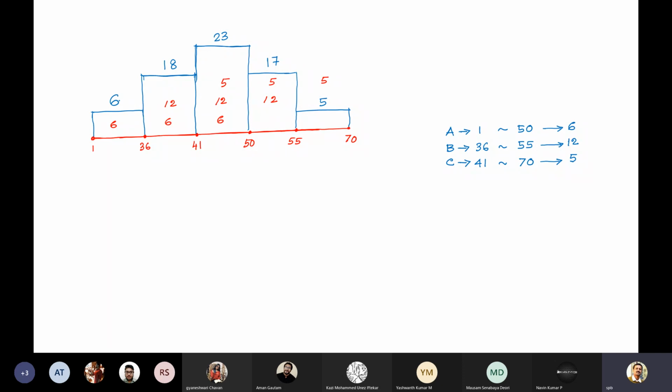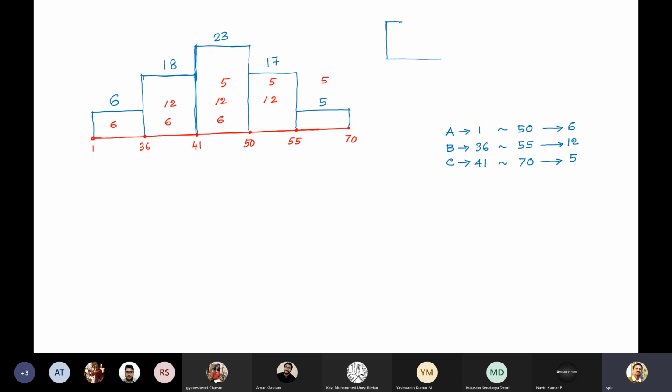Now let us find out the moment of the histogram, which we discussed in the previous class when we discussed resource leveling. If you remember, the moment is calculated like this.